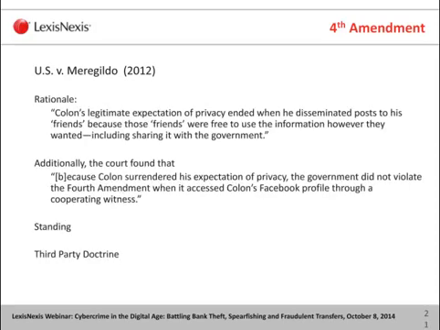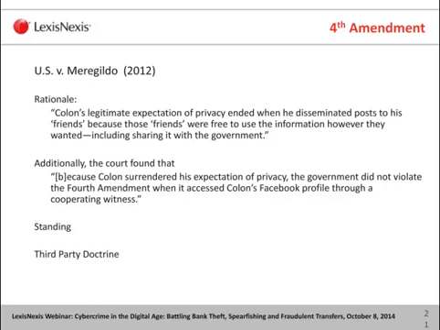And the court said that his expectation of privacy ended when he disseminated posts to his friends, because those friends were free to use the information however they wanted, including sharing it with the government. So when you go on social media and you share information with your friend, and that friend is really a friend of the government, there's nothing preventing the government from using that information.